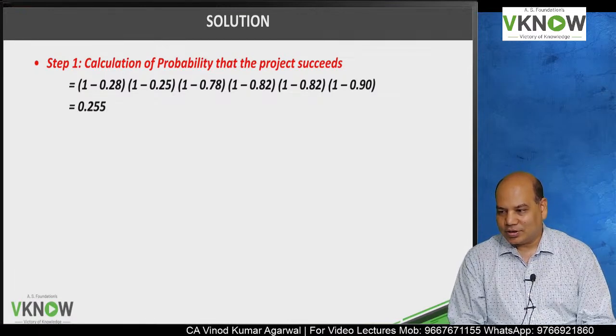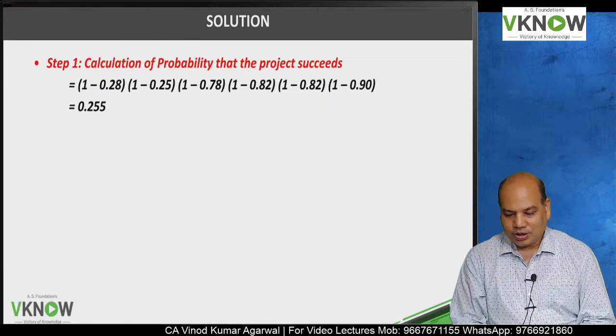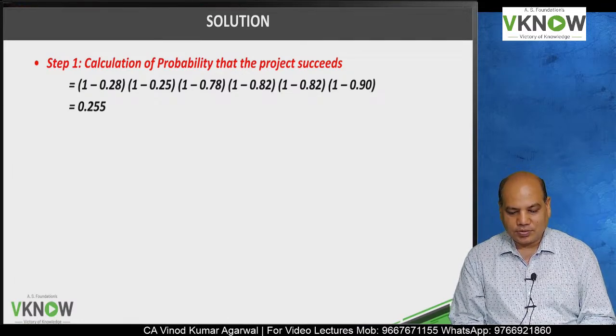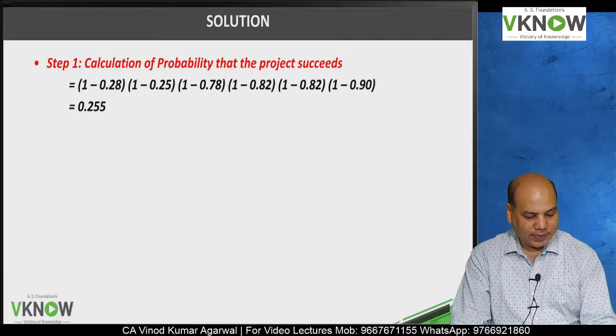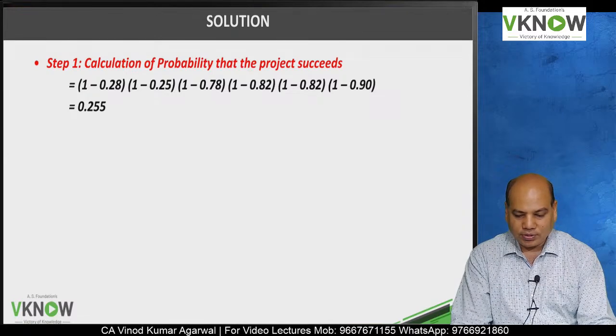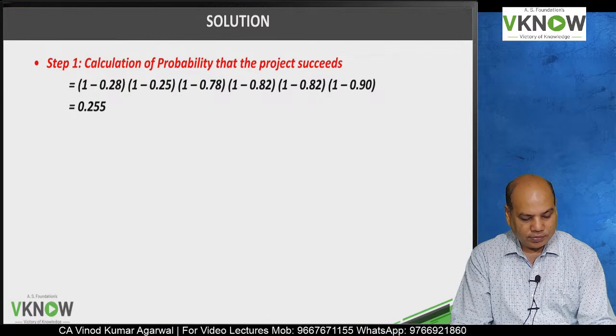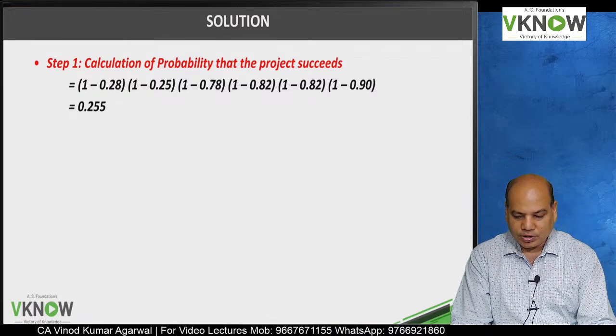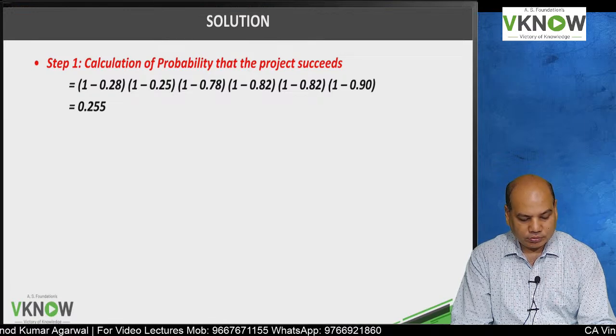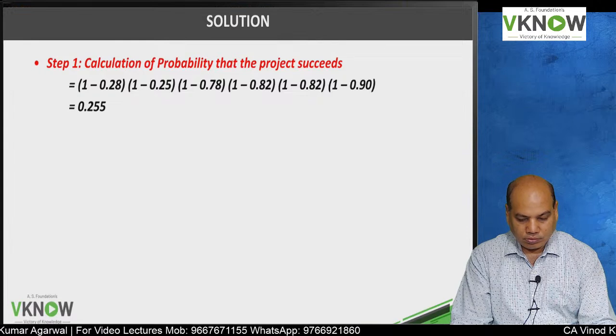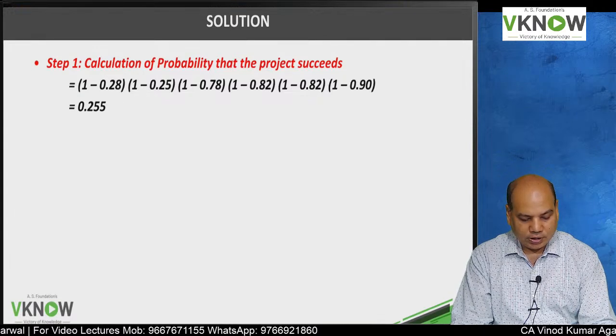So write down the answer. Probability that the project succeeds: first year will be 1 minus 0.28, into second year 1 minus 0.25, third year 1 minus 0.78, fourth year 1 minus 0.82, fifth year 1 minus 0.82, last year 1 minus 0.90.